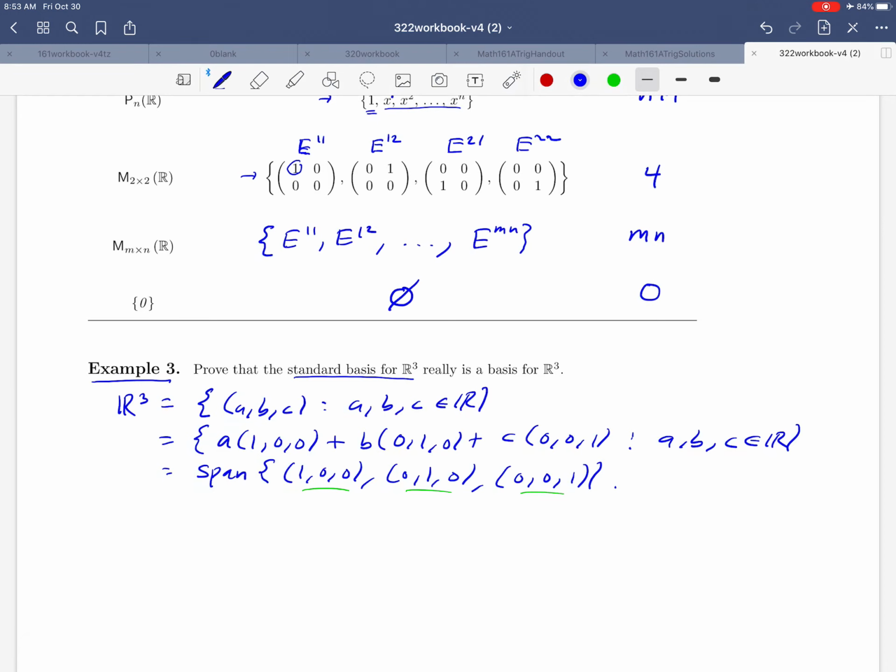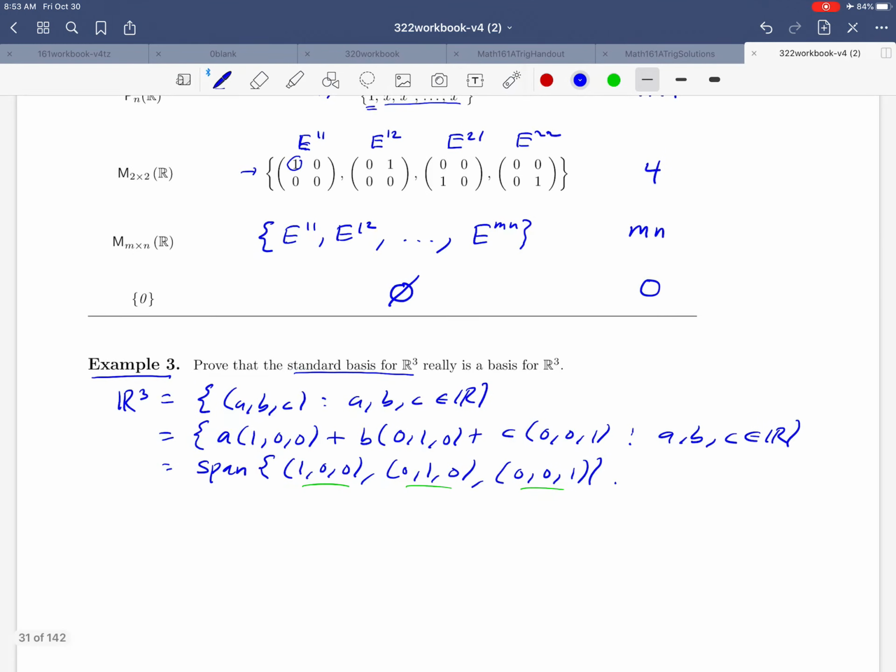Okay, so how do we show that those 3 vectors are linearly independent? Well, we would look at a matrix and do row reduction, but the thing is, we don't need to do any row reduction. That's already in echelon form.